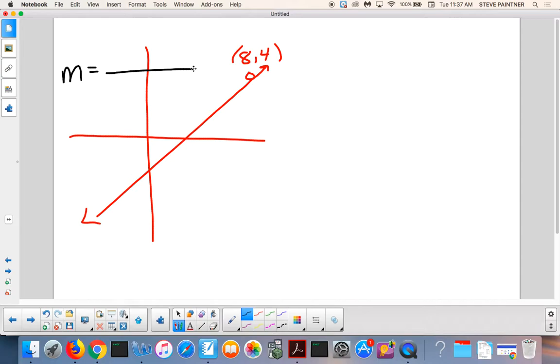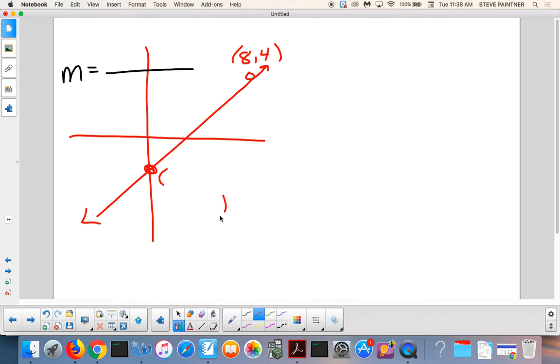We're just supposed to guess the slope. Don't be guessing. Look at the clues. There's clues. You got a point. Go find another point. You guys see the line. What point am I? 0, -2.